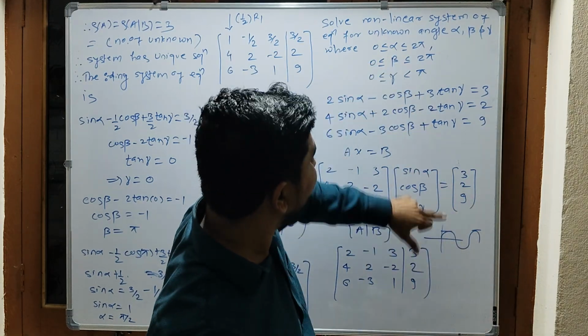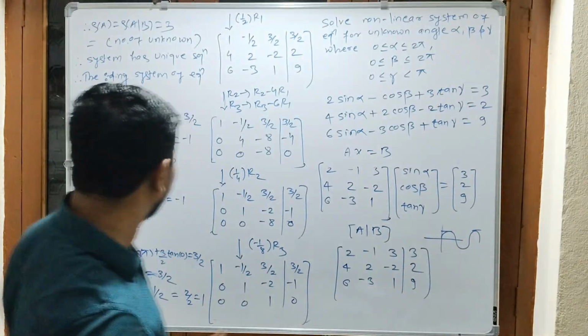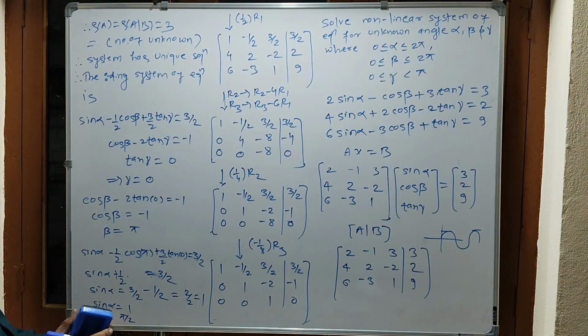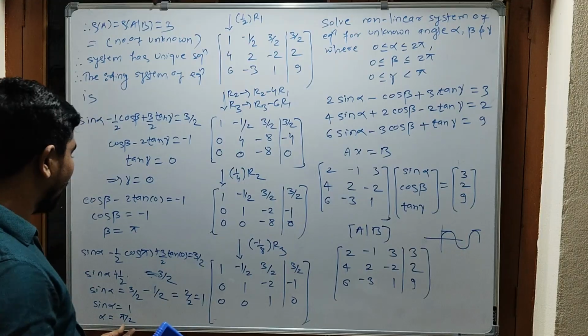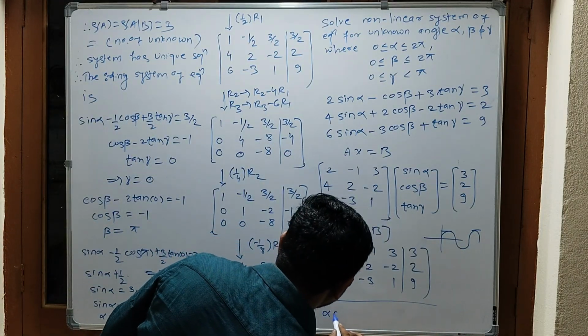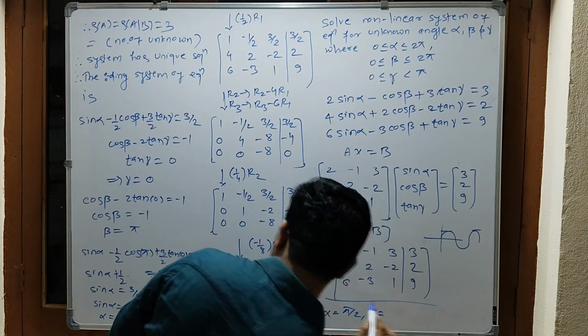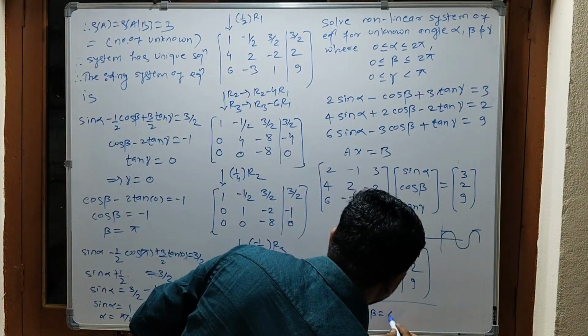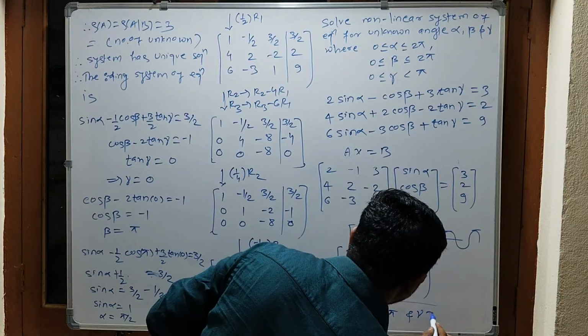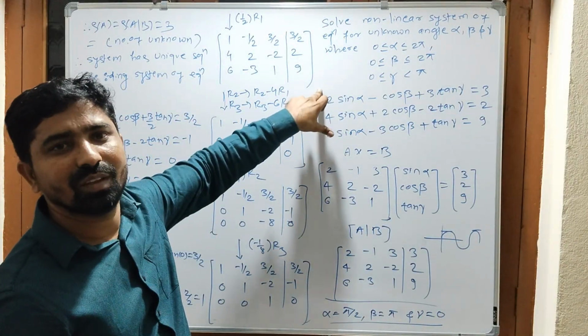That's why sin alpha is 1 only one time, and alpha equals pi by 2. Here my solution is alpha equal to pi by 2. I don't have space, so I will write here: alpha equal to pi by 2, beta equal to pi and gamma equal to 0 is the unique solution of my given system. Thank you.